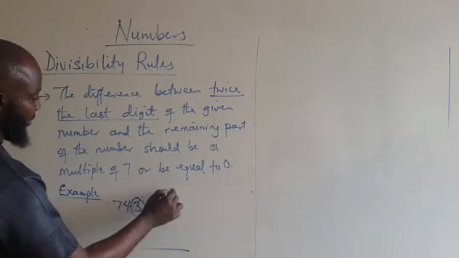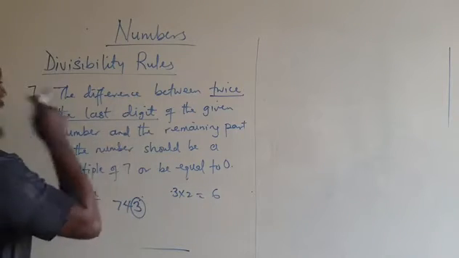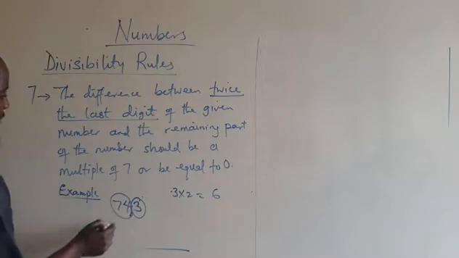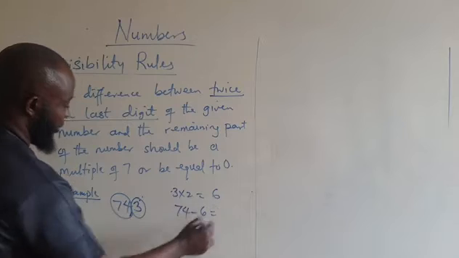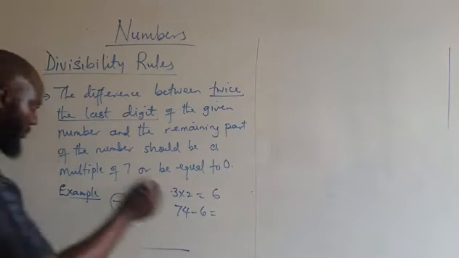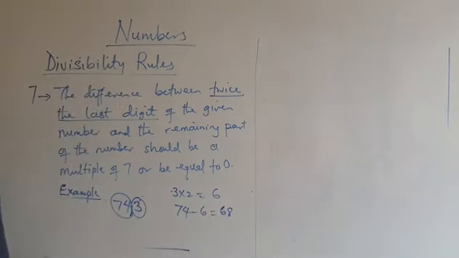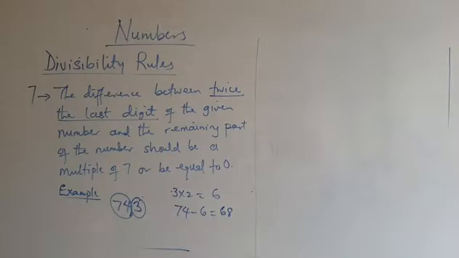So the rule is the difference between twice the last digit, which here is 3, so we multiply 3 times 2, which gives 6, and the remaining part of the given number, which is 74. The difference between the two is 74 minus 6. So that gives what? 68. Right? So is 68 divisible by 7?